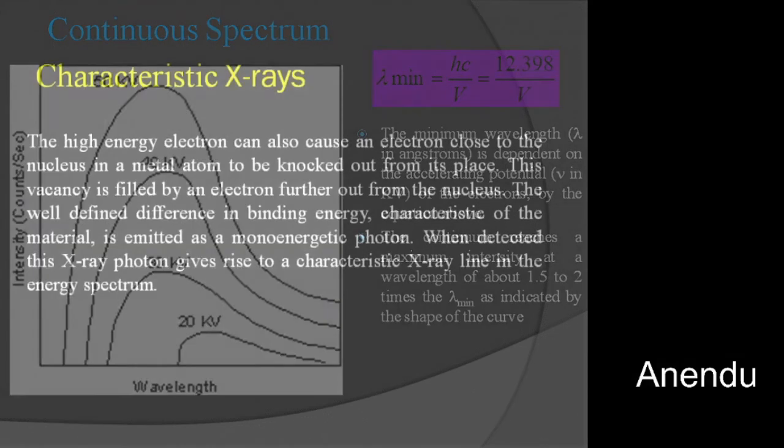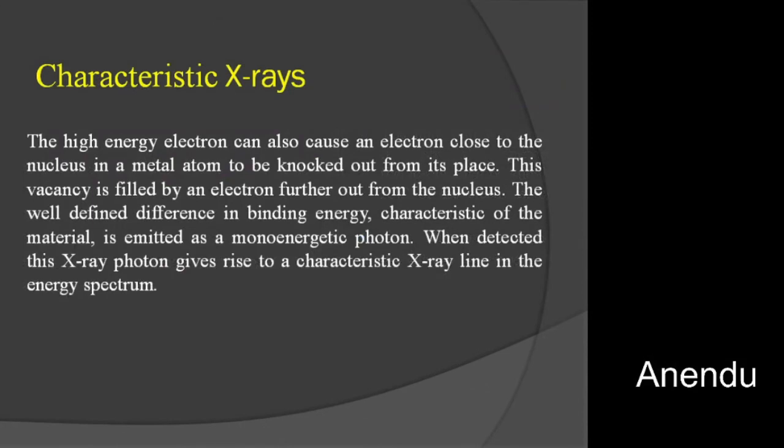picture. The characteristic X-ray is produced when the energy of the electron coming to the target material is high, it hits an electron of the atom of the target material, and the electron is knocked out from the first shell, that is the K shell, and the vacancy is obtained.